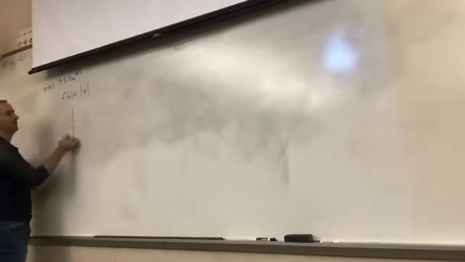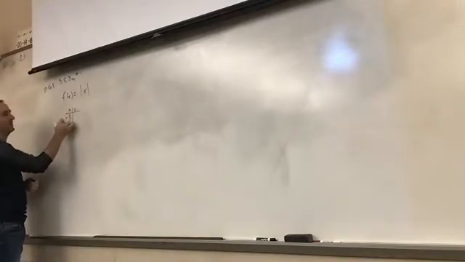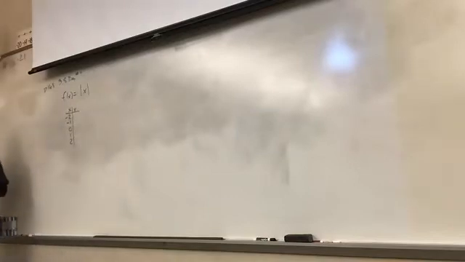Let's figure out what this is going to look like on a graph. What I would like you to do is plug in -2, -1, 0, 1, and 2. Let's see what we get out of those y values.